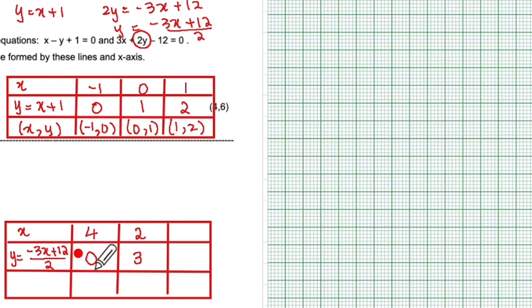Then let us take x equal to 0. If you take x equal to 0, that will give us 6. So we will have the last row x comma y as 4 comma 0, 2 comma 3, and 0 comma 6.